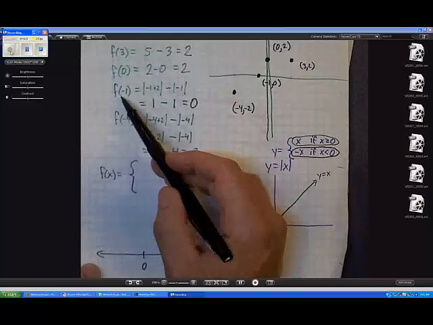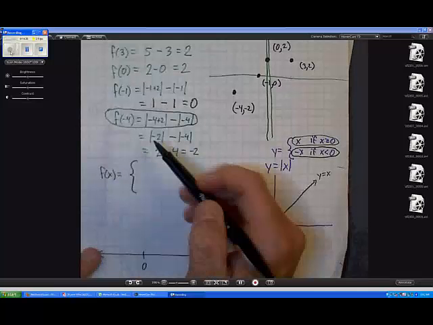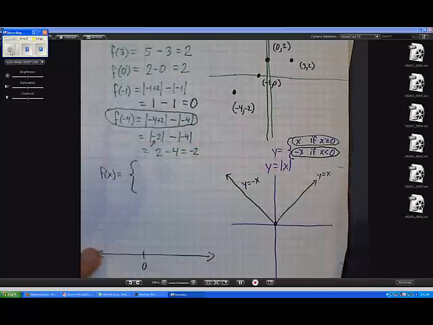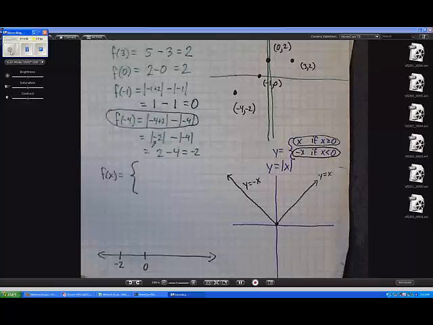Right here, right? Do you guys see when I put in negative 4, that was the first time that this guy became a negative inside the absolute values? Actually, it's going to happen as soon as I get past negative 2. All right? So there are 3 cases to worry about.